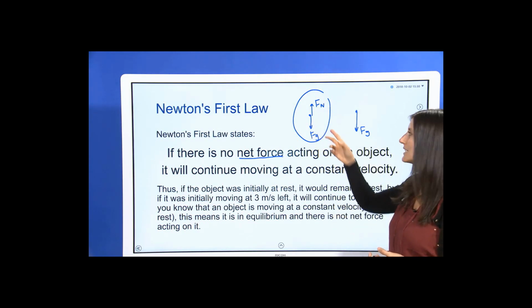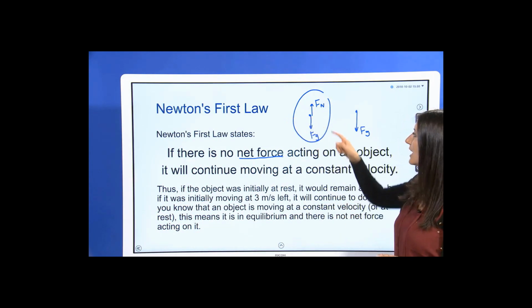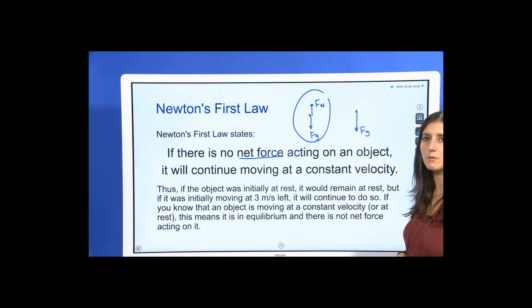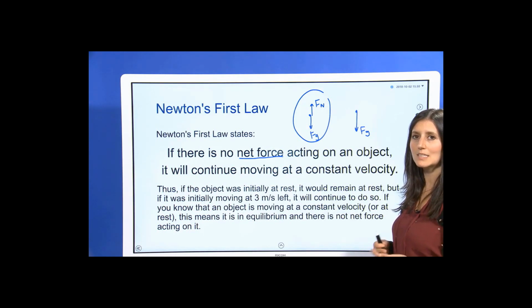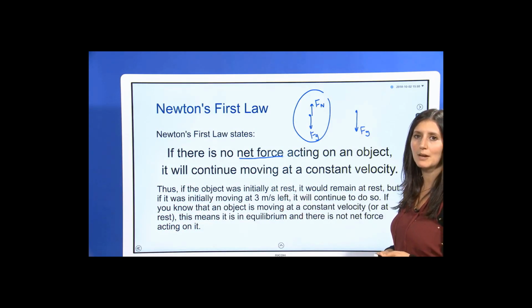If the dog is initially moving at a speed of 1 meter per second, and the free body diagram looks like this, where there is still no net force, it will continue to move at 1 meter per second in the same direction forever. Okay? So thus, if the object was initially at rest, it would remain at rest.